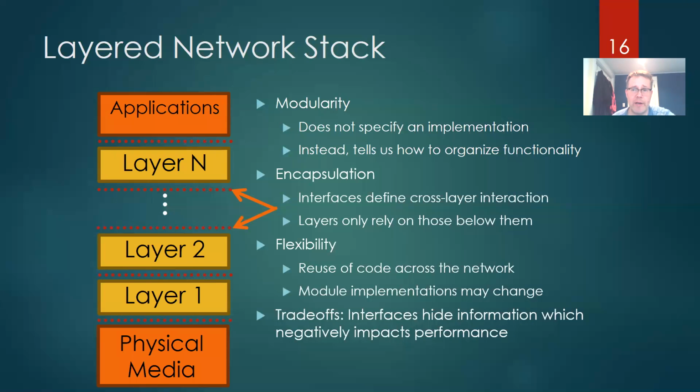One thing that's a bit of a trade-off is that your system will not perform quite as well as it could, because every one of these layers involves a little bit of translation. But the bigger thing is that sometimes there's data that could be shared across layers that could make the system run better.